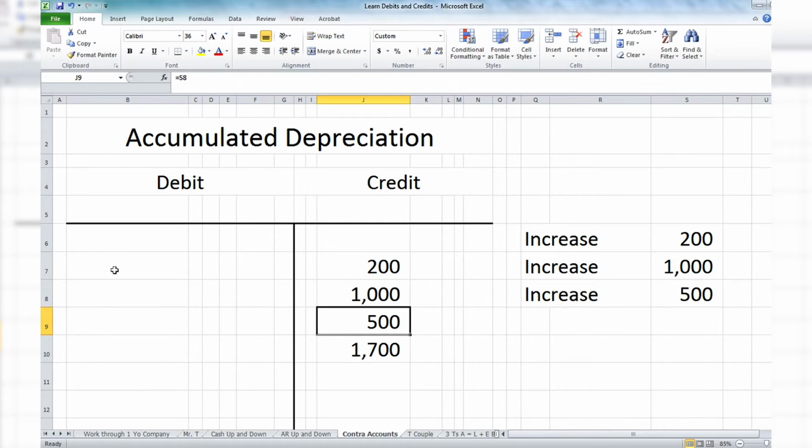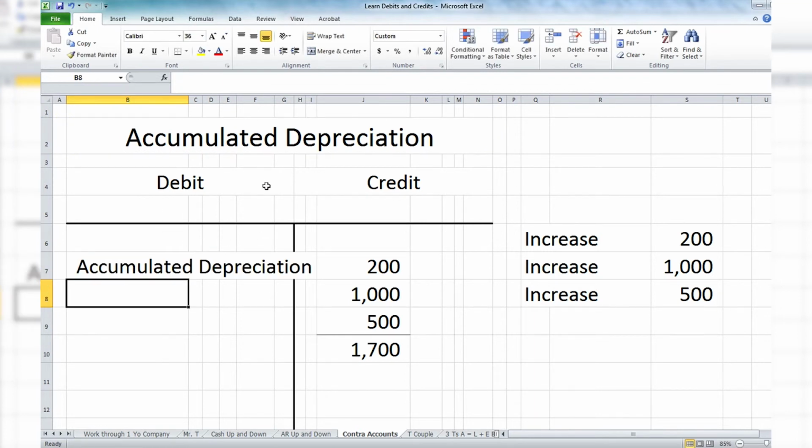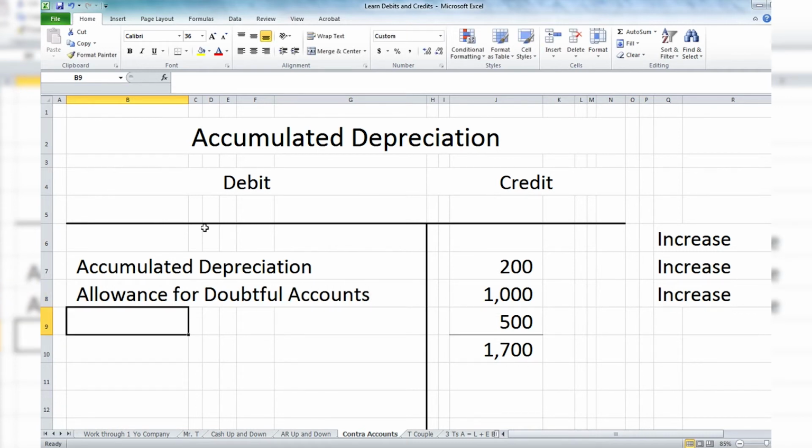Your contra accounts are going to be accumulated depreciation as well as allowance for doubtful accounts, and those are the two main. You can go ahead and look those up in the Accounting Flashcards app for iOS or otherwise.